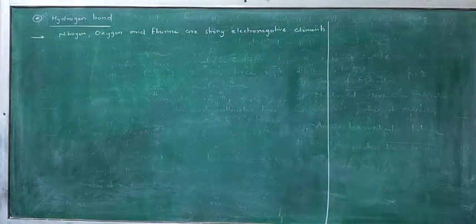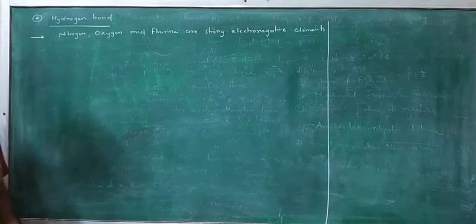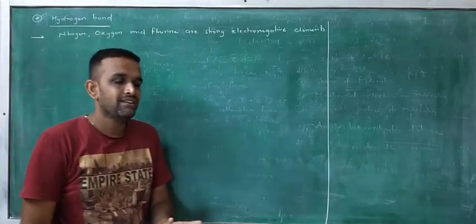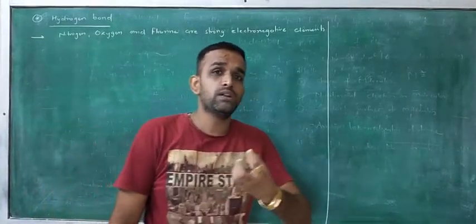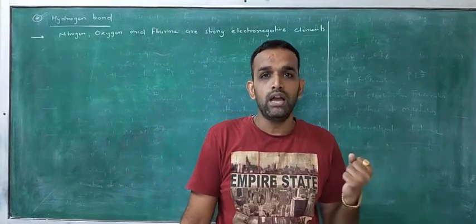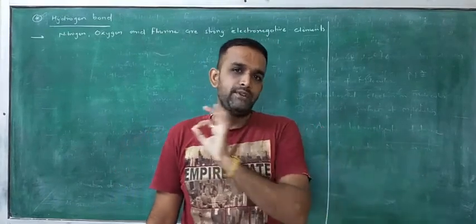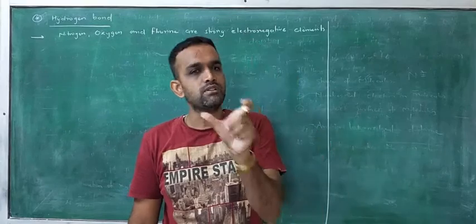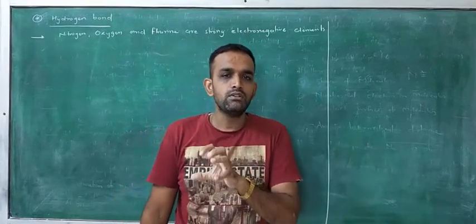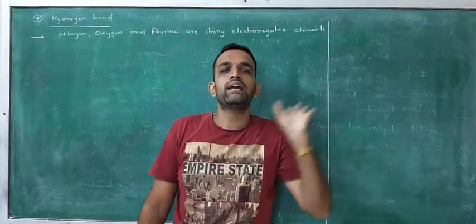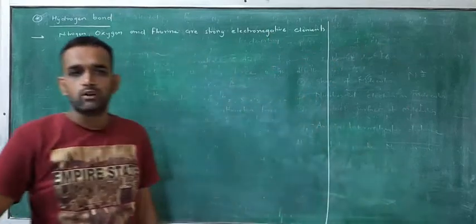When such elements combine with a hydrogen atom through a covalent bond, then the electrons are dragged towards the more electronegative atom. If these join with hydrogen by a covalent bond, electrons are attracted towards the more electronegative atom. So this is the more electronegative atom.